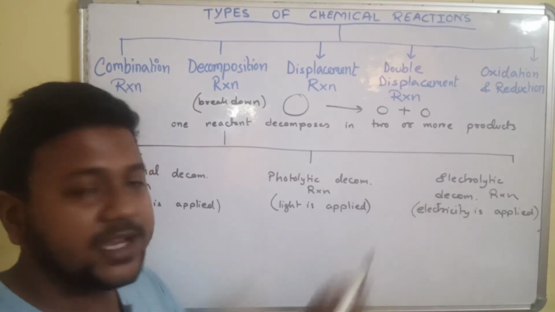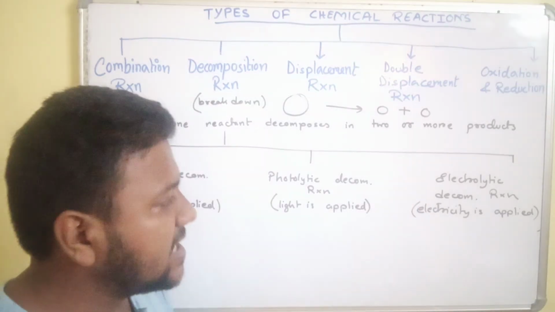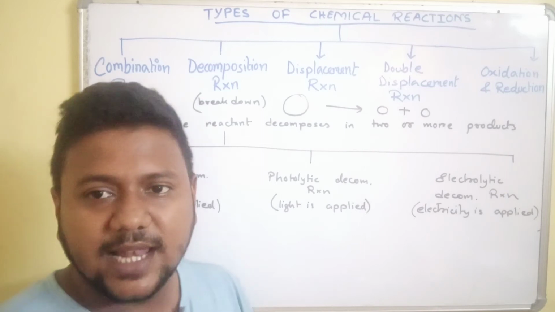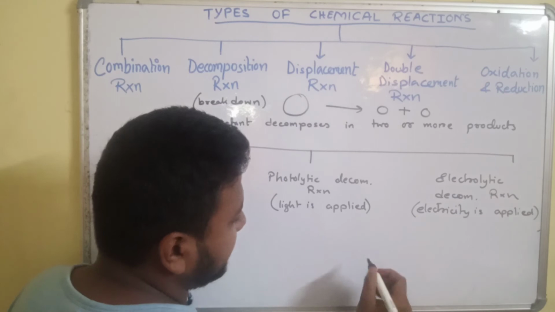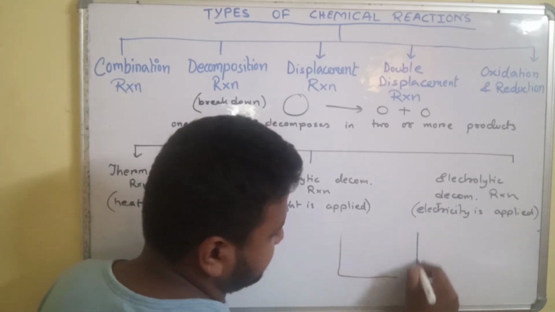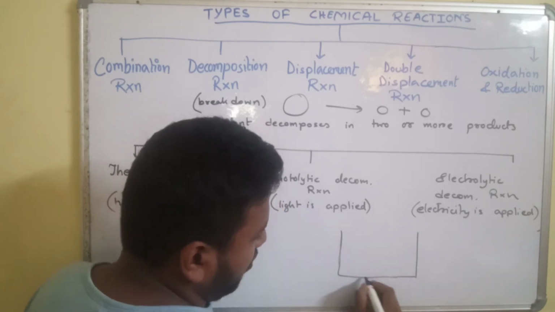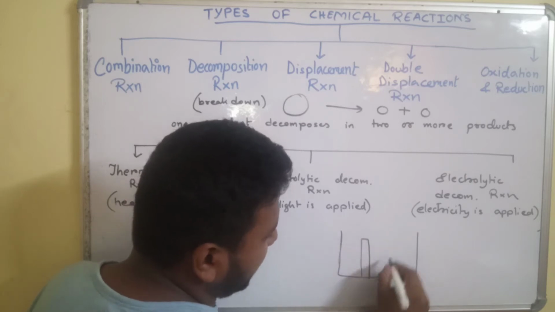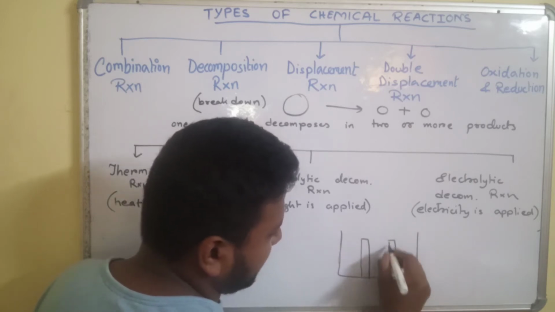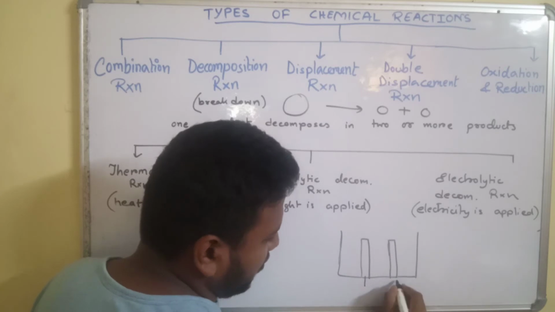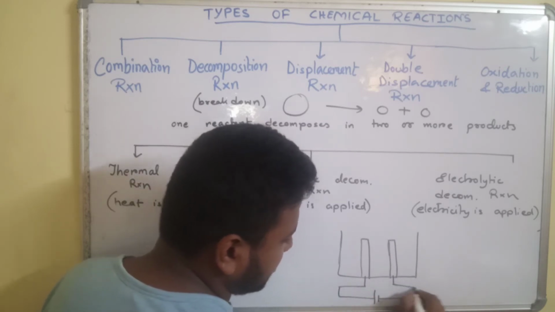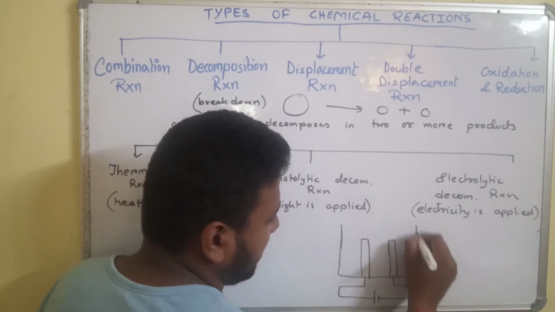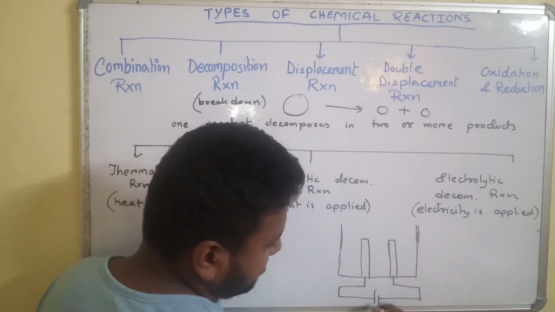What is the electrolytic decomposition reaction? To understand it, let us take a particular setup. Suppose we are taking a beaker where we have two electrodes, which are connected through an external circuit to a battery.